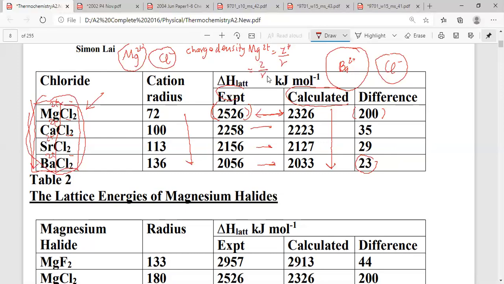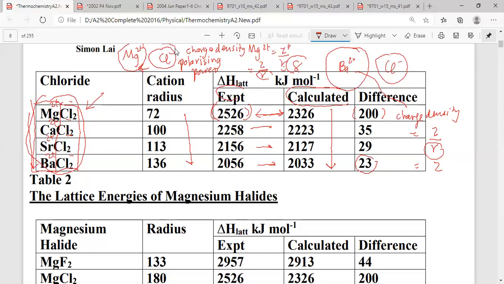Of course, in this case the charge density of barium is equal to 2 over R. R of barium is bigger than this one here. So this charge density is smaller. Maybe let's say about 2 here, and here about, let's say, 8. So this fellow here means a stronger pull, or we call it polarizing power. That means able to pull the electrons.